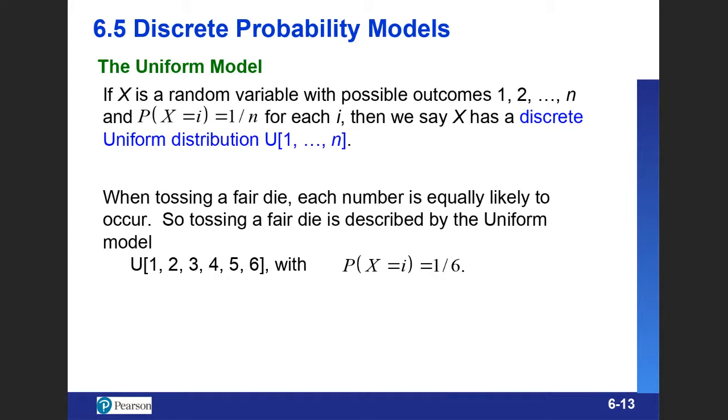So starting with the uniform model, we will not be focusing on the uniform model. Why? Because it's not practical. It's the simplest model. It talks about outcomes being equally likely.